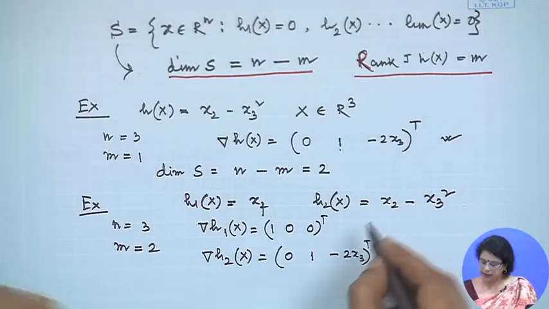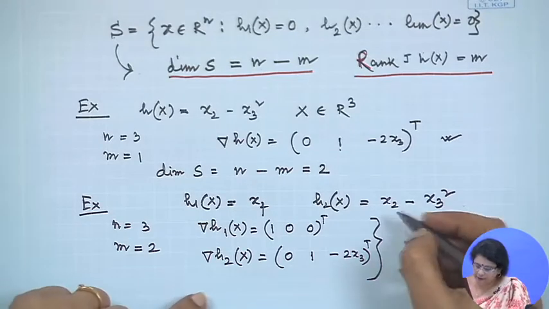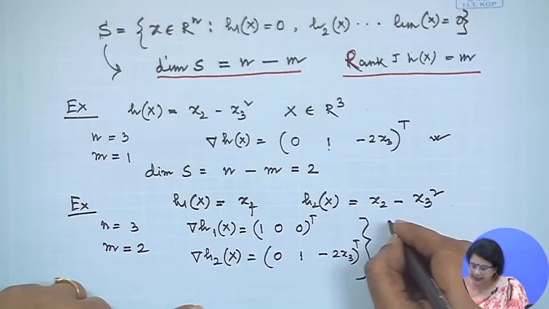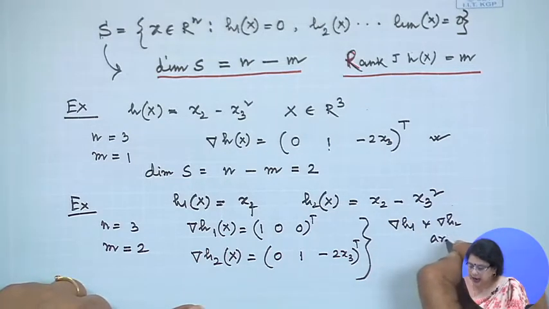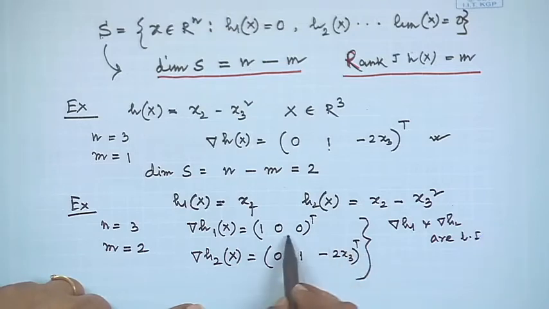First of all, we have to say that this is a regular point. If grad of h1 and grad of h2 are linearly independent, then only is this a regular point. That we can prove very easily, that both are linearly independent.